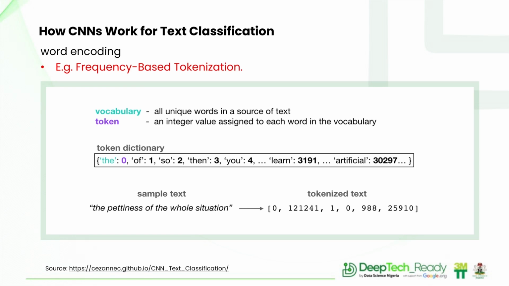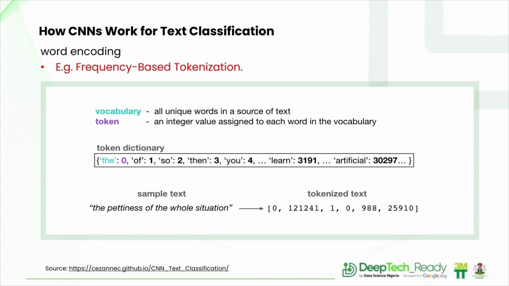For example, words like "the" is assigned 0, followed by the next most common word, let's say "of", which is assigned 1, and then the next most common word, let's say "so", is assigned 2. So this word-token mapping is stored in a dictionary-like format, as you can see here.